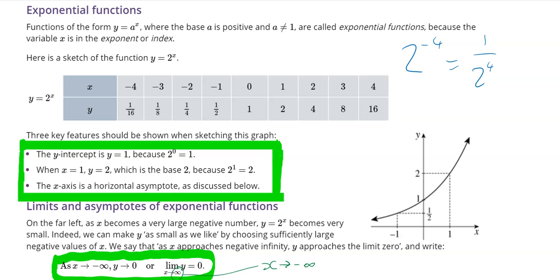Josh? Yep. Then it turns it into a fraction, remember? As I said, 2 to the power of -2 is the same as saying 1 on 2 squared.